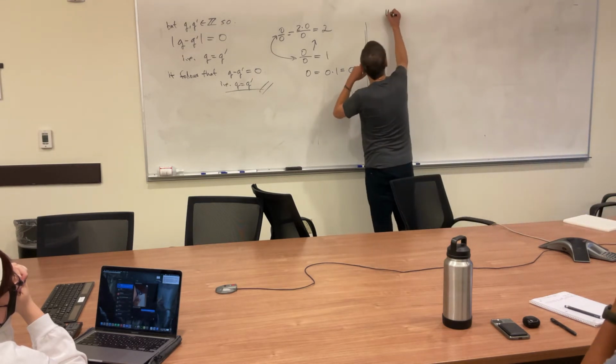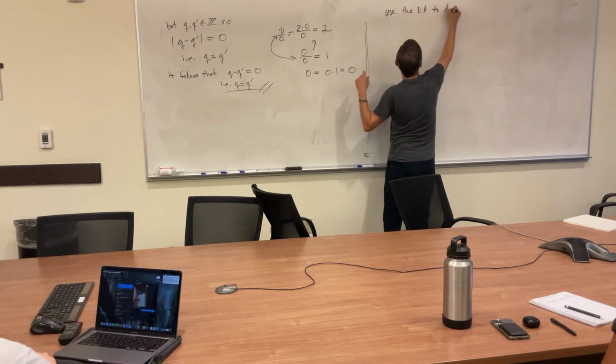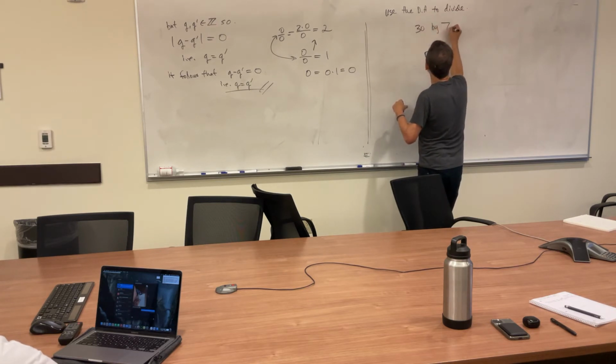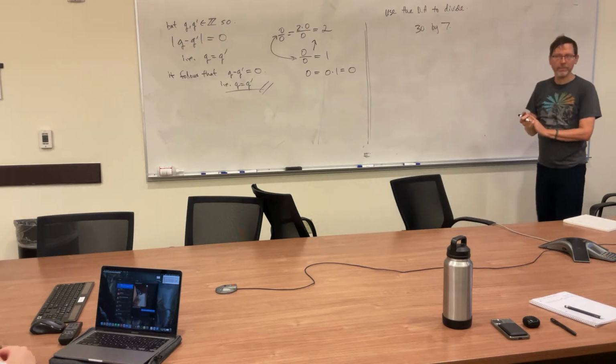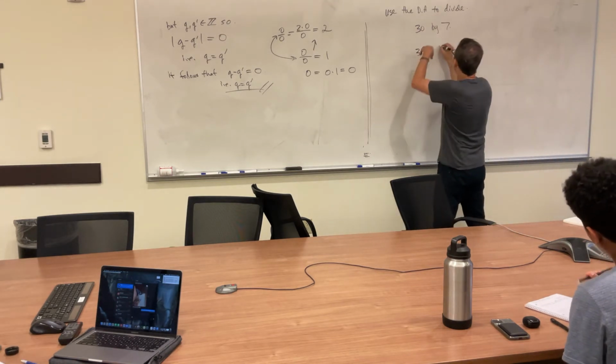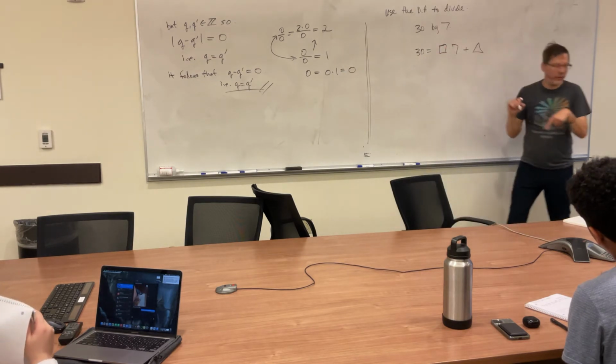So use the division algorithm to divide 30 by 7. Write out 30 equals something times 7 plus the remainder. What goes in those boxes?